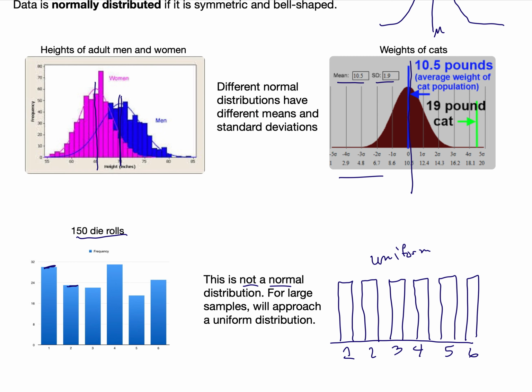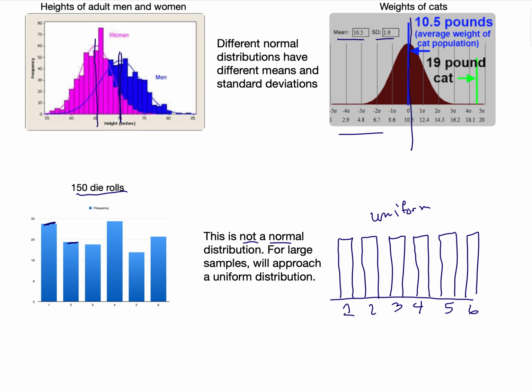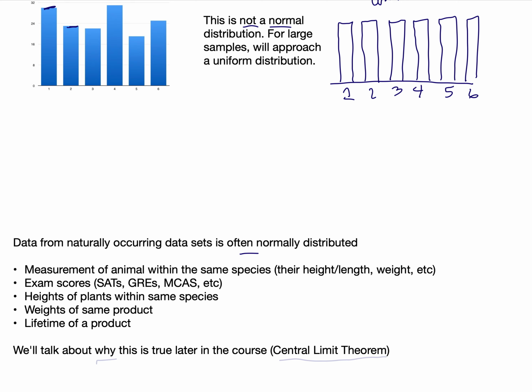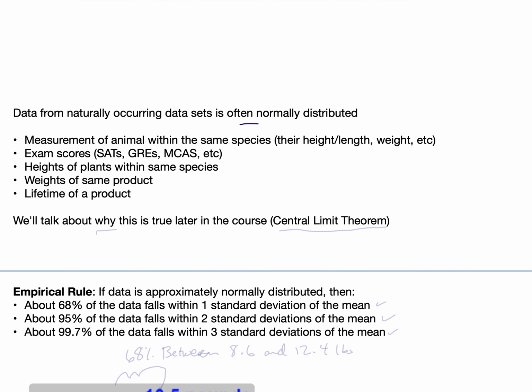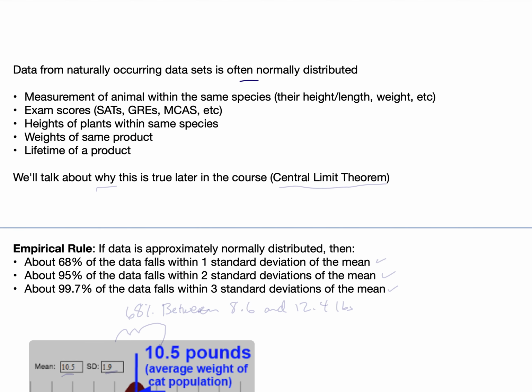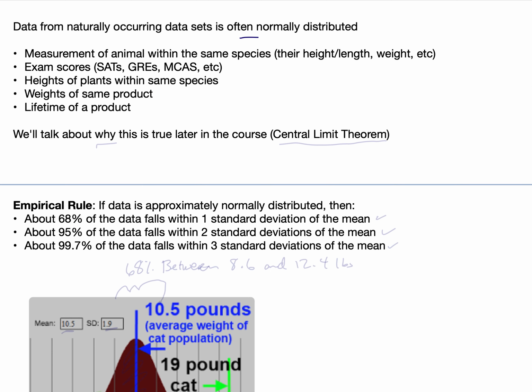Data from naturally occurring data sets is very often normally distributed. Some examples of data that tends to be normally distributed are measurements of an animal within the same species. So if you take, say, the length of a gecko or the weight of a bunny, those data values tend to be normally distributed.